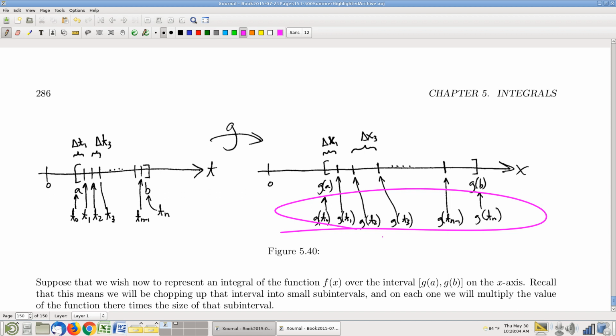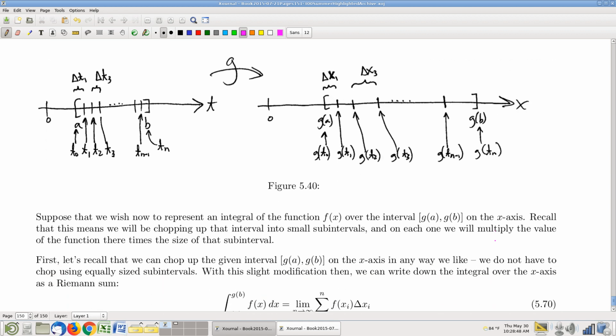I can still think of this as taking this large interval, which is too big for me to make simple arguments like mass equals density times length. But when I chop it up into little pieces, even though this piece isn't quite as little as that one, they're still getting littler. In the limit, they all get arbitrarily little. And it's okay. It's still the case that I can define an integral on this domain to be a summation over these not equally spaced little subintervals. Okay. All right. How are we doing on that? Is everybody okay with that part?